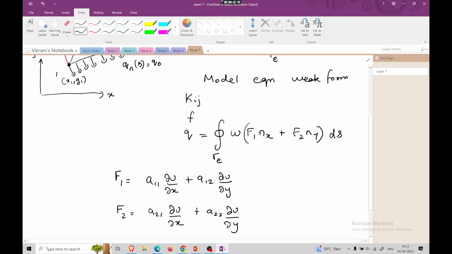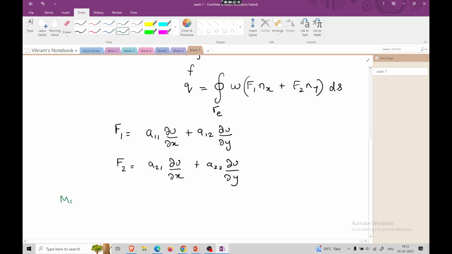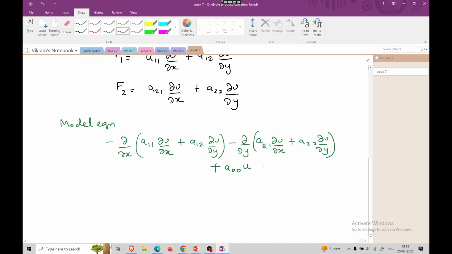The differential equation, the model equation, is: minus dou by dou x of (a11 dou u by dou x plus a12 dou u by dou y), minus dou by dou y of (a21 dou u by dou x plus a22 dou u by dou y), plus a00 into u minus f is equal to 0. You might have seen this differential equation in the previous lectures. This is called the model equation.